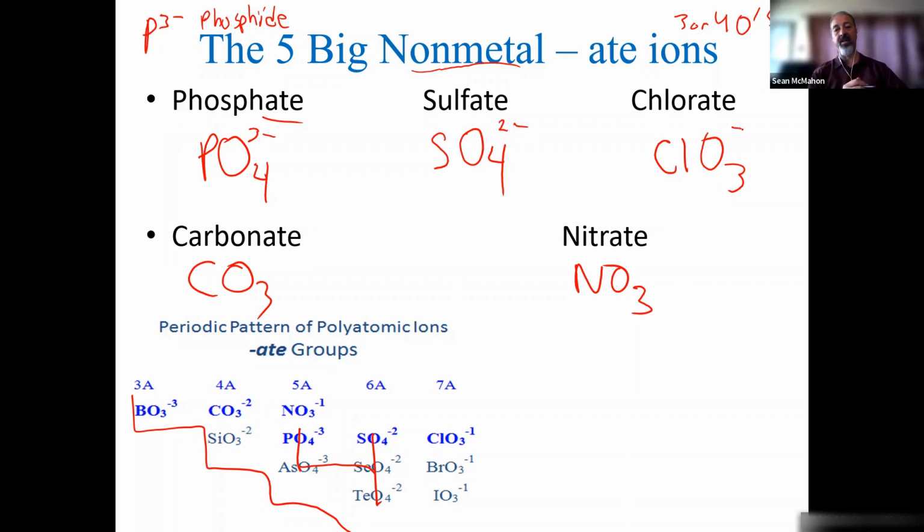Where is it tricky? We actually see that there's some inconsistencies, like with borate. How do I know this is borate? I have boron. I'm not on the 4, so I have 3 oxygen, but the charge is a 3-. Carbonate is a 2- charge. So it's not a 4-, okay? I know that's easy to think, but it is not a 4-. So just know that. Nitrate is a -1.